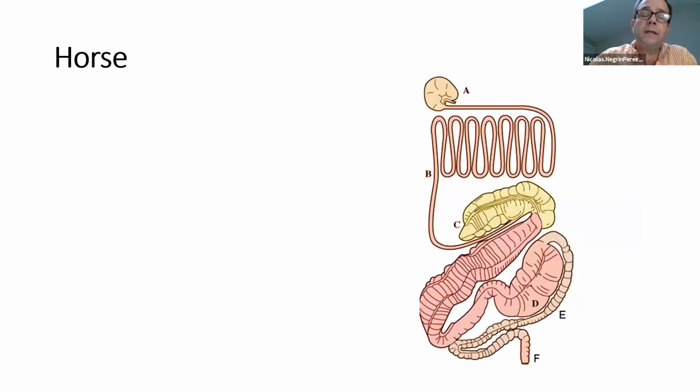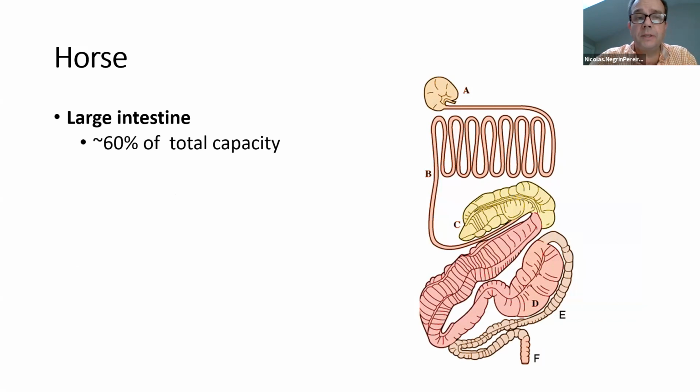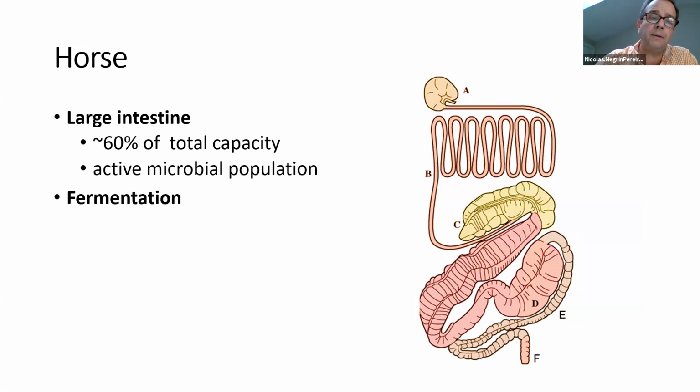This is a diagram of the gastrointestinal tract of the horse. We have a large intestine, which is really important and represents about 60% of the total capacity of the gastrointestinal tract, where we will find a very active microbial population that ferments different feed, producing, like we saw before in cattle, volatile fatty acids: acetic, propionic, and butyric.